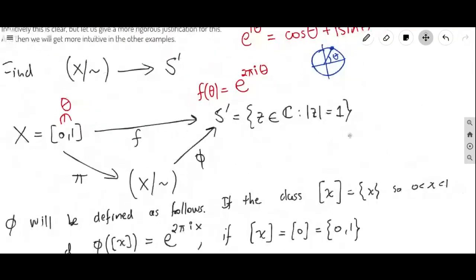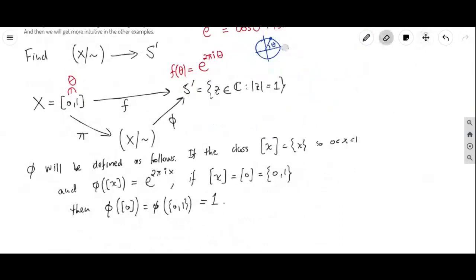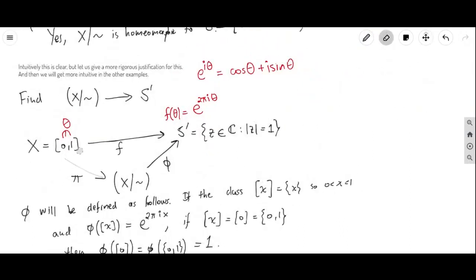So maybe this picture will help you see what's going on. Let's reformulate this with some pictures. Here's our interval from 0 to 1, and we have a mapping f. This mapping f takes that interval and maps it to a circle. Both of these endpoints get mapped to 1 because e to the 2 pi i theta at the endpoints becomes the same.